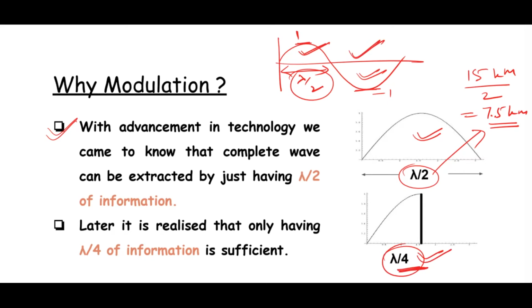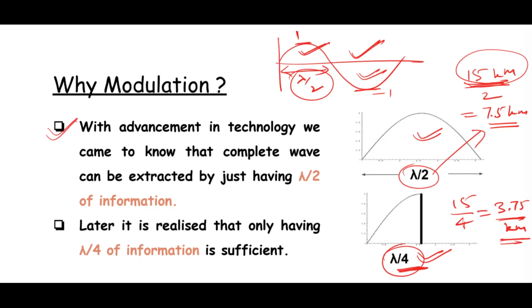So this whole thing is divided by 4 now, and this reduced the height of the antenna to 3.75 kilometers, quite effective. Instead of 15 kilometers, we now have a much smaller value, 3.75, but still the job is not done.